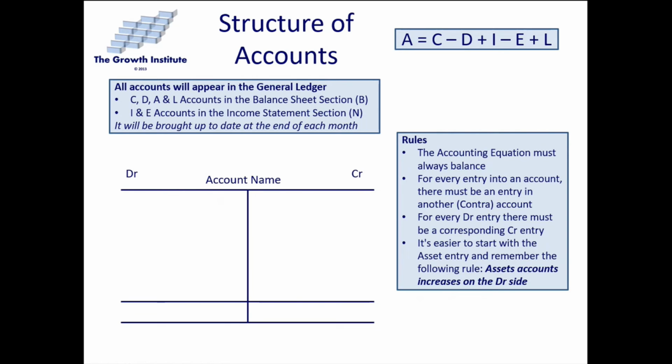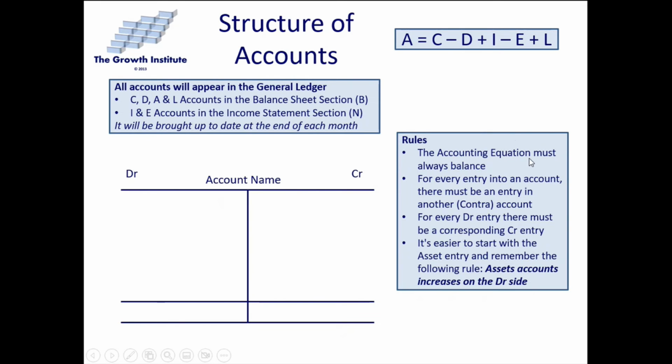In this case, debit simply means left and credit simply means right. So for every account, we're going to write the account name in the middle with the debit on the left and the credit on the right-hand side. And then there are 4 rules. If you can remember the 4 rules, you are never going to make a mistake in your ledger account. These are the rules.